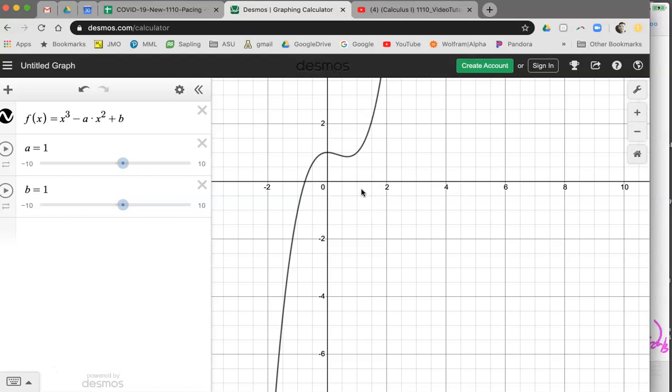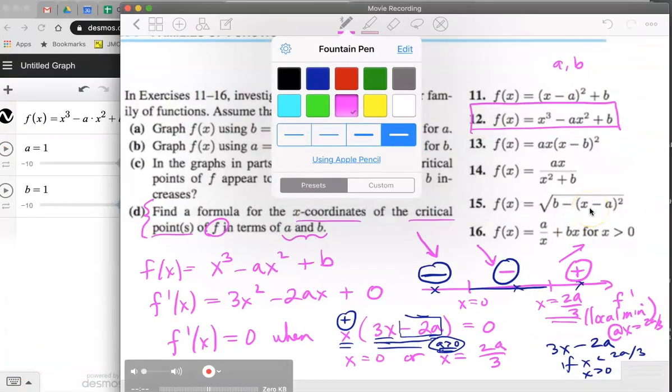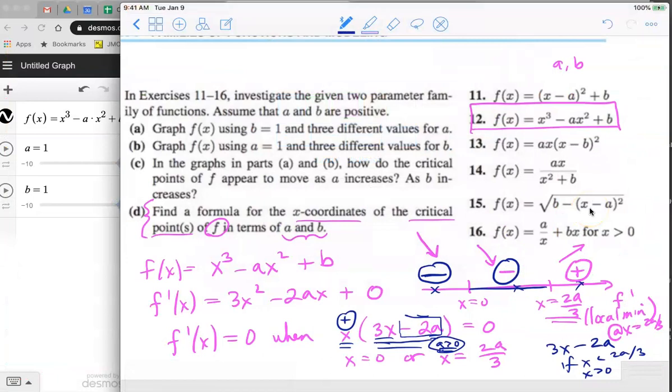So, it looks like I'm having... Oh, I'm sorry, let me go back here. I made a small mistake here: when x was less than 0, we got a negative times a negative, which made a positive. Okay, so yeah, I'm sorry about that.